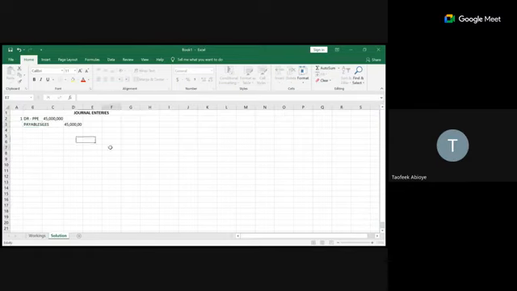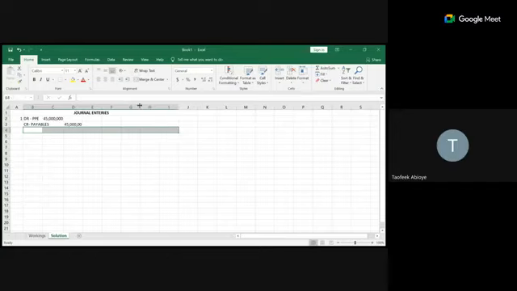Day 1. So we are going to state the narration. Please, we are not going to forget the narration. So we say, being purchase of PPE on 30th June 2020.